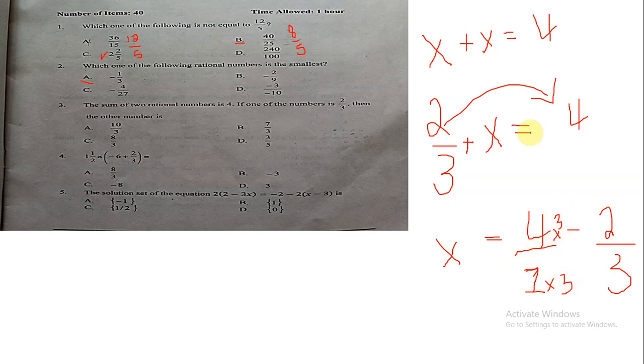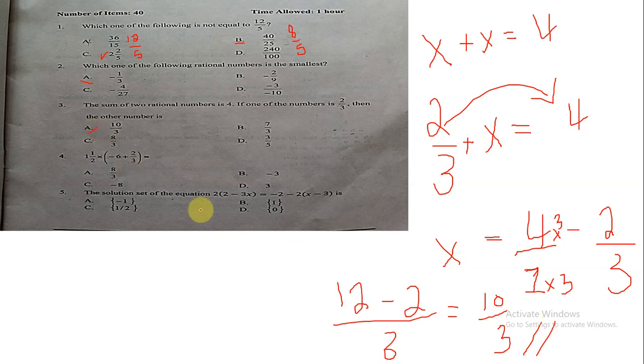So 4 times 3 is 12, 12 minus 2 over 3. So that means it will be 10 over 3. And this is the correct answer for this question. So choice A, which has 10 over 3, is the correct one.